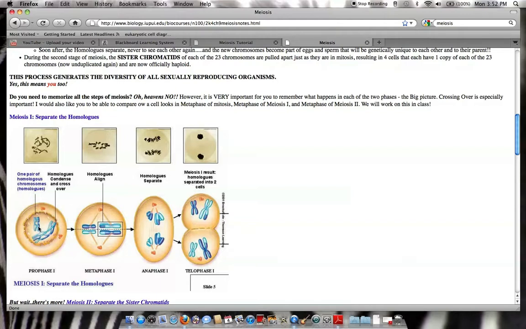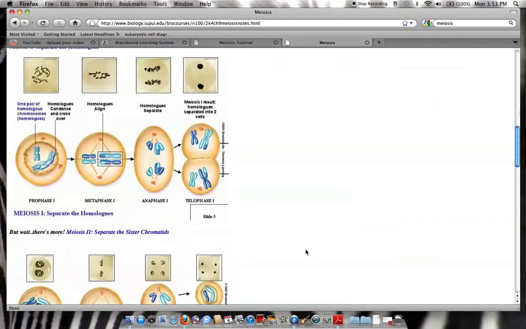These are matched up with their sister homologue chromosomes, and we end up with what's called a tetrad. Okay, then these tetrads line up along the midplane or the equator. Then during anaphase 1 they separate, and then you end up here with 2 daughter cells.